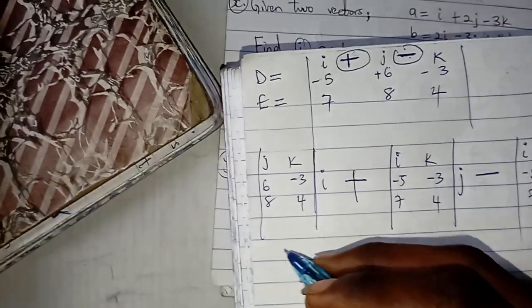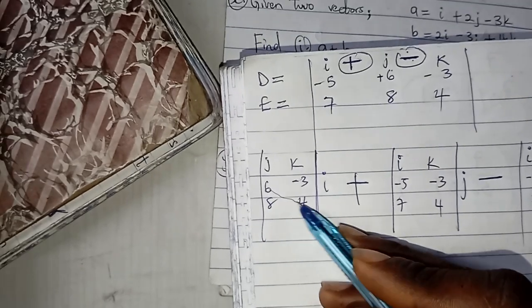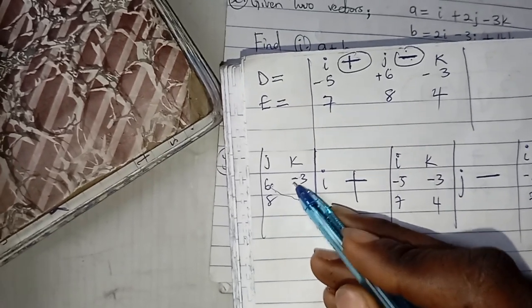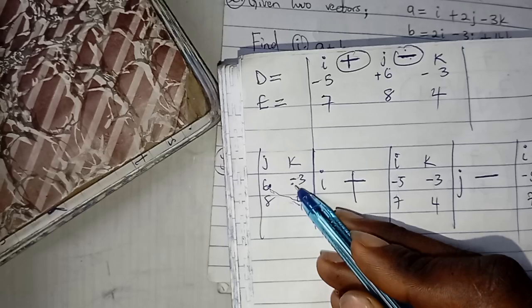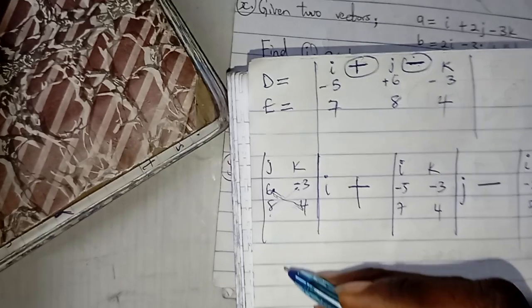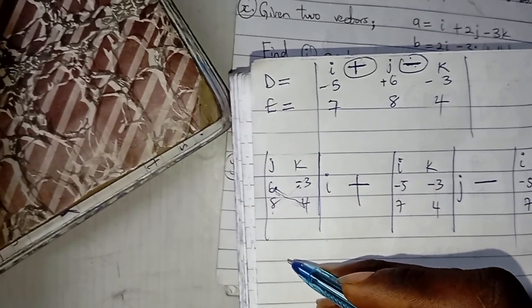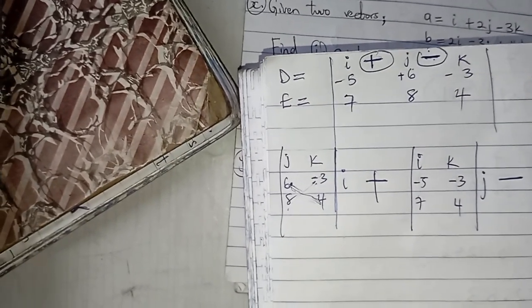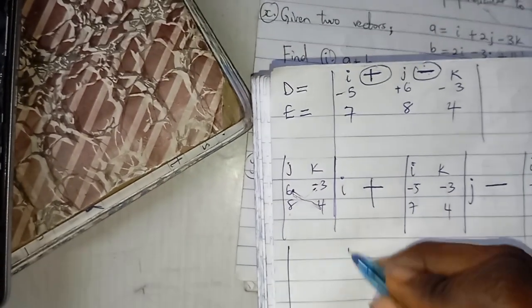Alright, you now start by the left: left up to down, right up to down, left, right. So 6 times 4 is 24.